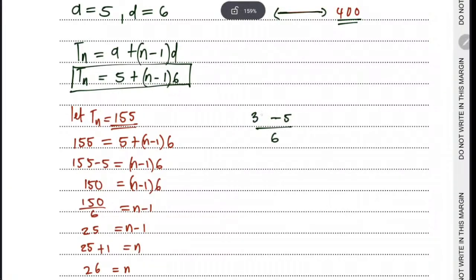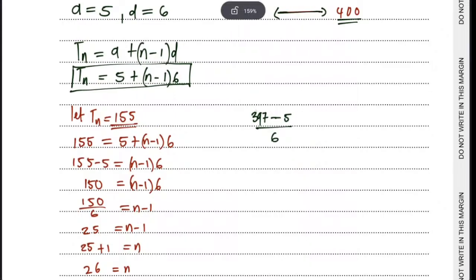Not 397 minus 5 divided by 6. 396 minus 5 over 6. 395 minus 5 divided by 6.